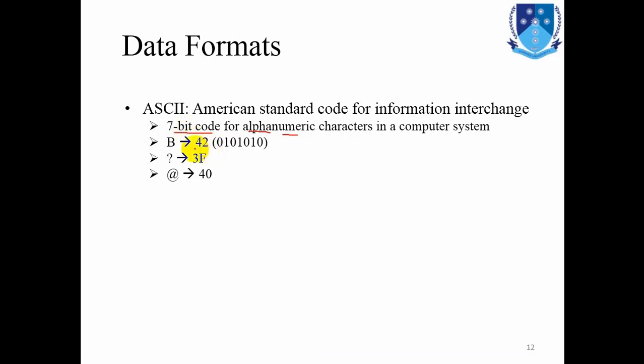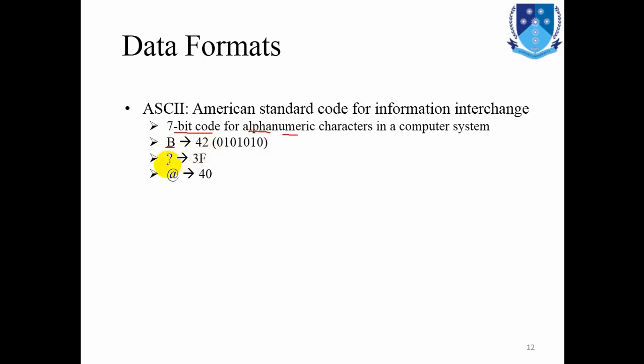For example, to represent the capital letter B, a 7-bit binary number 0101010 is used, which is equal to 42 in decimal.